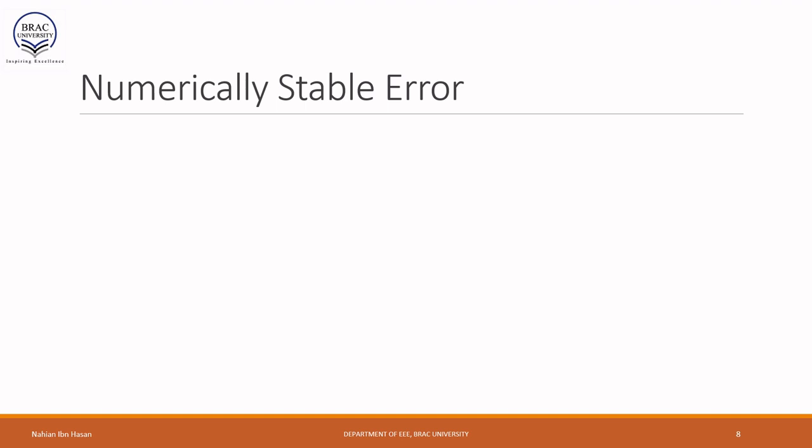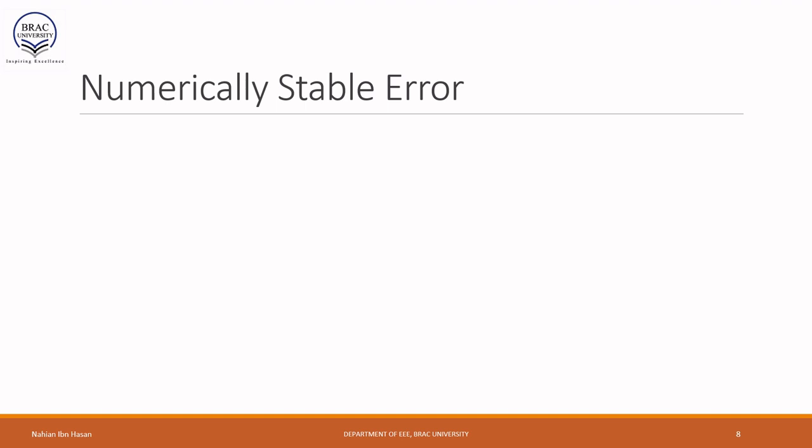But whenever this numerical error is constant or stays at a specific point throughout those many iterations, then we call this error numerically stable error. That means the error is not changing within iterations, or from iteration to iteration it becomes stable.